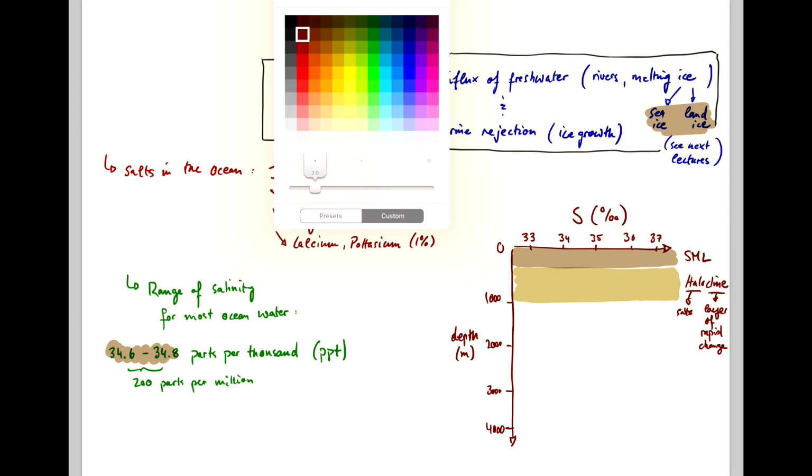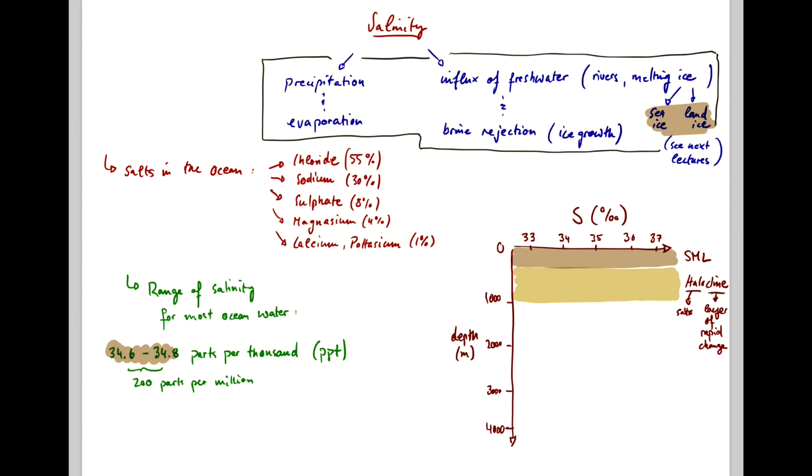So in regions where you have a lot of evaporation, especially in the tropics and subtropics, you will have really high salinity because only the fresh water evaporates and leaves behind a very salty top layer, and then that decreases quickly to about 35, and the depth of the ocean has a fairly uniform salinity profile.